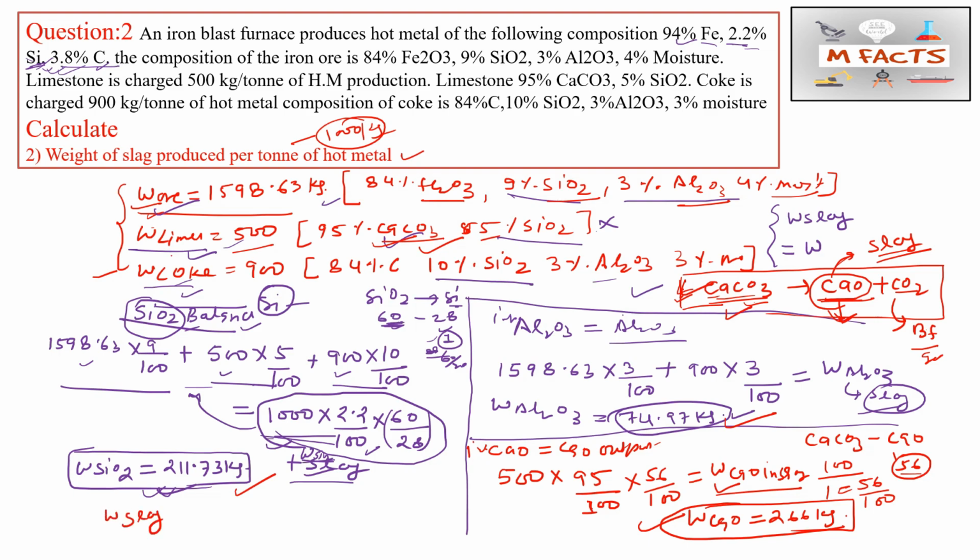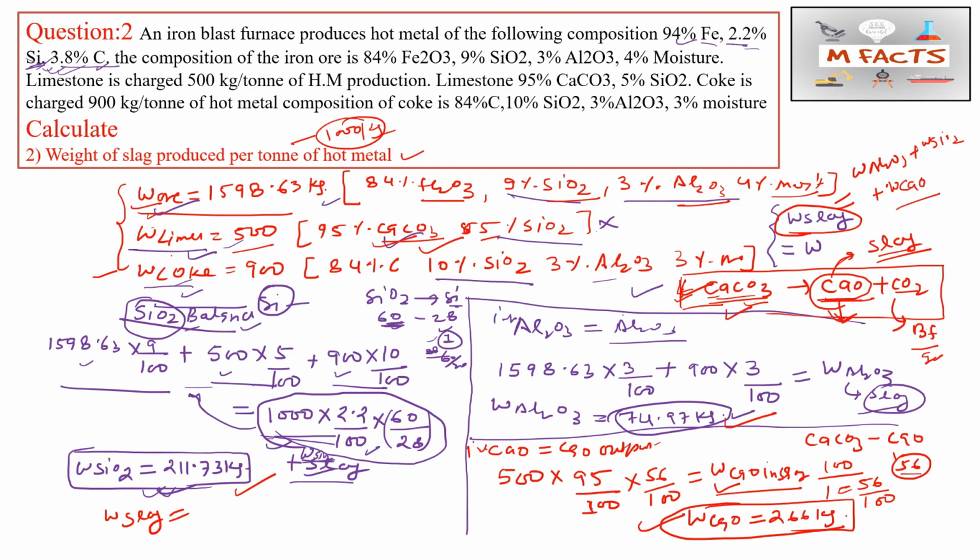The weight of slag I already wrote here: weight of slag will be equal to the weight of Al2O3 plus weight of SiO2 plus weight of CaO.